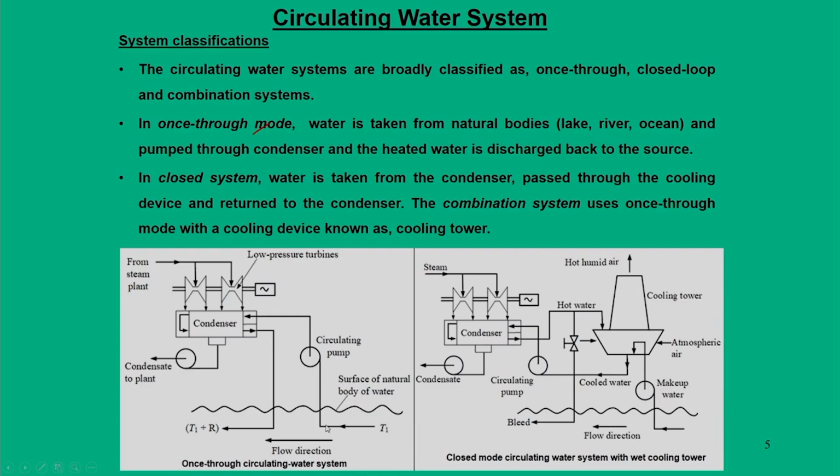It may be a lake, a pond, or a river. So, we have a circulating pump, and this condensate can be discharged back to the same river or same water body, but at a higher temperature. The initial temperature is T1, but the final temperature is T1 plus R, with some addition of heat, and again the condensate goes back.